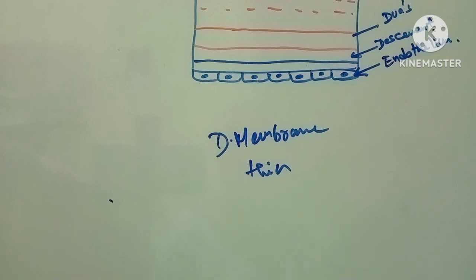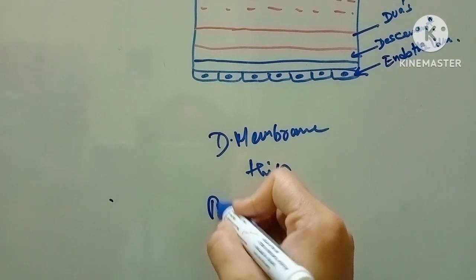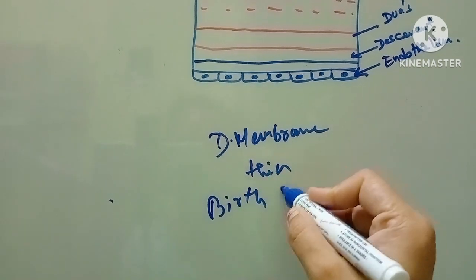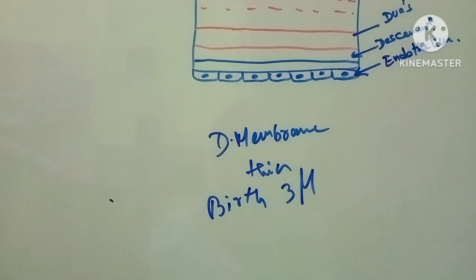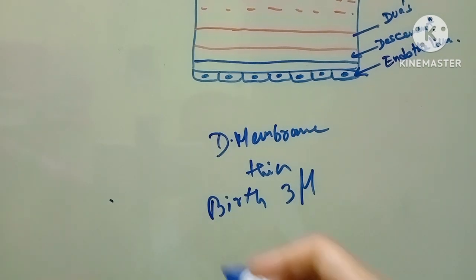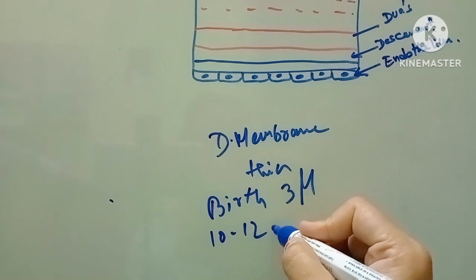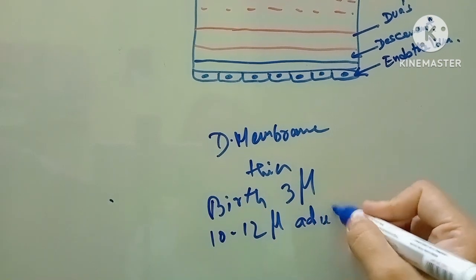Its thickness varies according to age. At birth it is 3 micron, but in a young adult it is 10 to 12 micron.